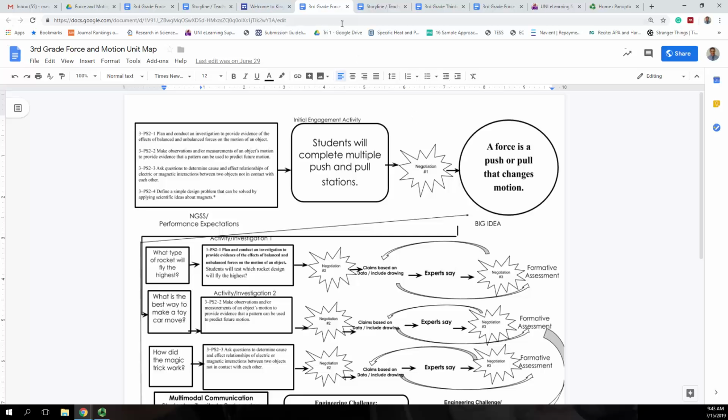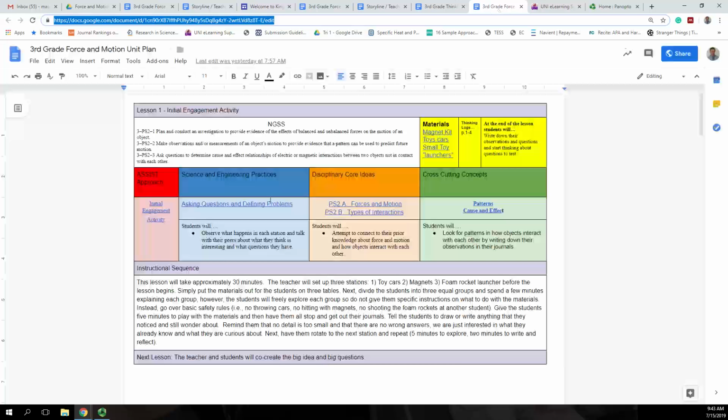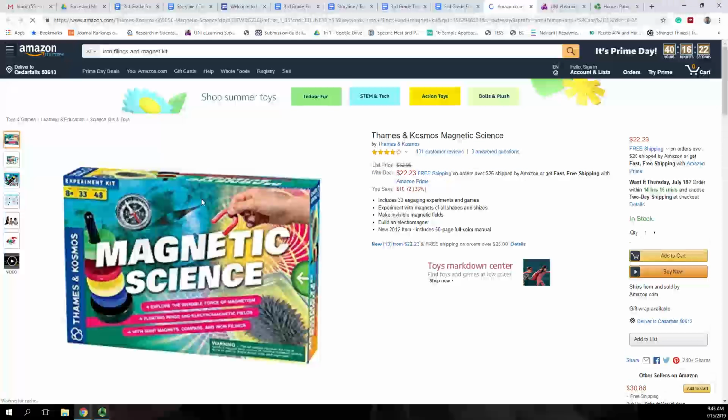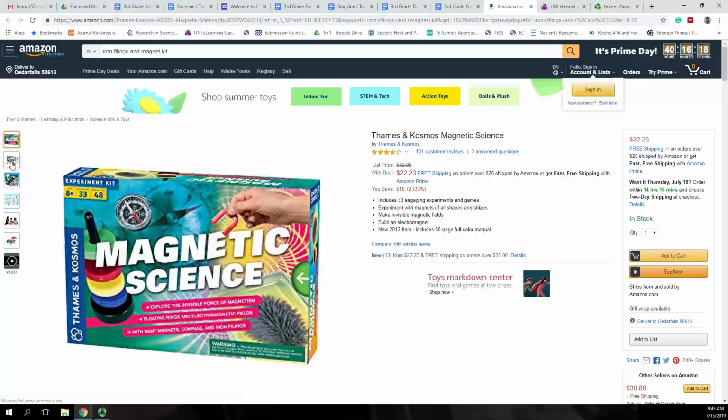So for this unit, if we go back to the lesson here, you're going to have 3 stations set up. You're going to have a station of a magnet kit, and I'll click here on this Amazon link so you can take a look at it. With this one, I would basically just set it up and let the kids play.